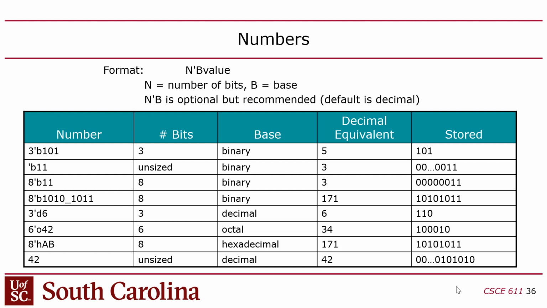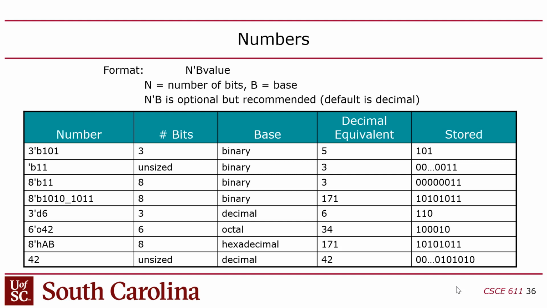And also, what about the base? Obviously in C and Java, you can say 0x to represent hexadecimal, and I think 0b is binary, right? But Verilog is a little bit different. So generally, whenever you have a constant, you specify the bit width, and then you put an apostrophe, and then you put B, O, D, or H. B, binary, O, octal, H, hex, D, decimal.